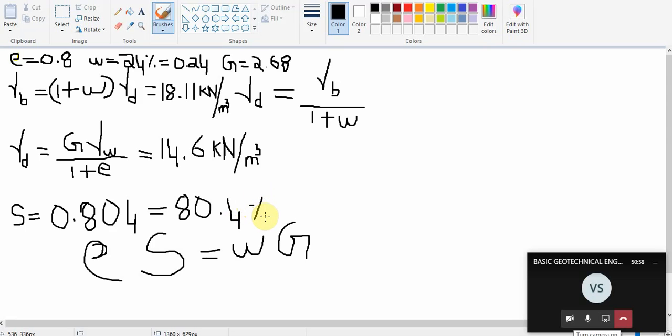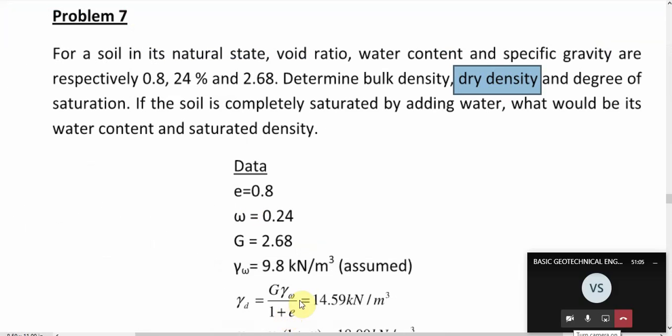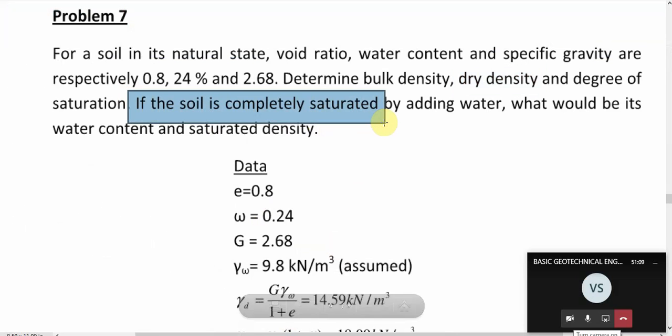In the second part of the question, if the soil is completely saturated, degree of saturation is 100%. What would be its water content and saturated density?